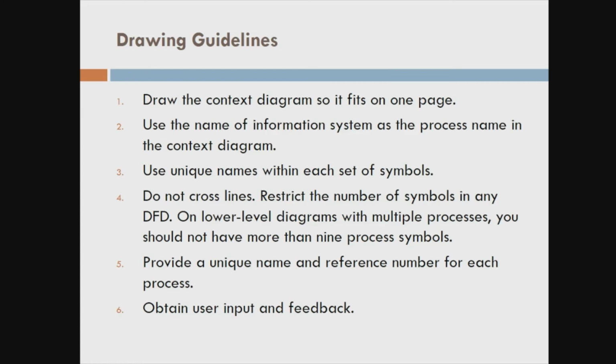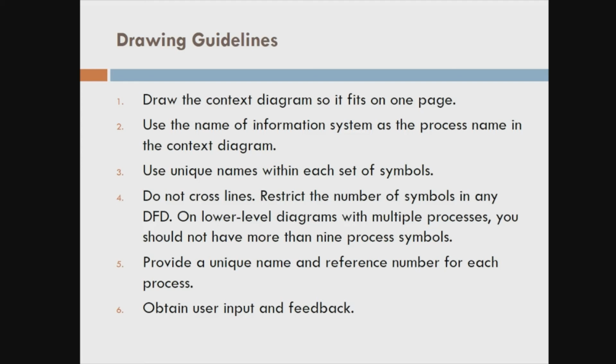So these are the guidelines for you to draw the DFD. The first part is draw the context diagram. It fits on one page only. So identify your context diagram first. Sketch your context diagram first, and then use the same name of your system as the process name in your context diagram.